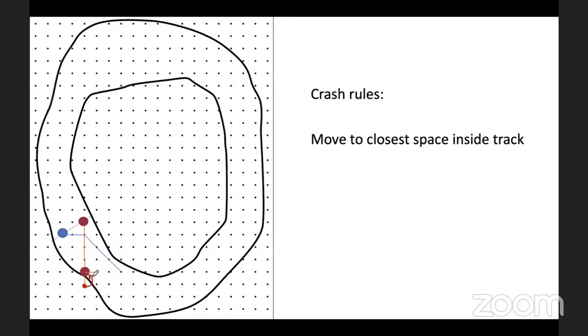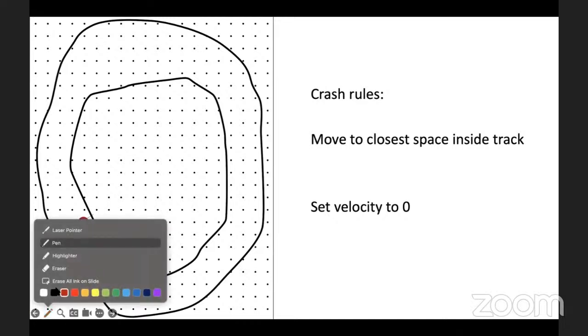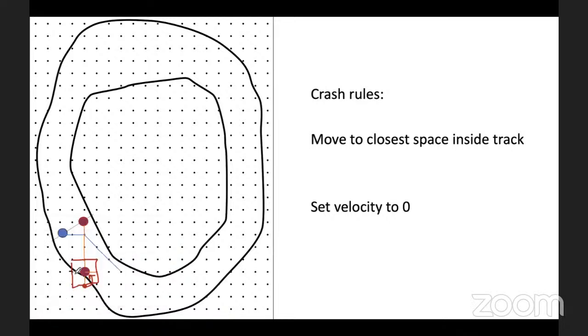And now it's as if you were starting from rest. So essentially, the next step you can make is a single step to any of the 9 points allowed, but only the ones that are within the track. So I would again have to get rid of any points that would take me outside the track.